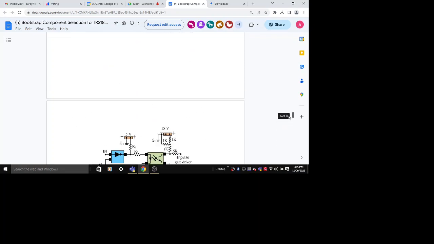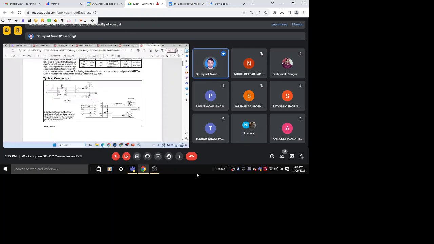Okay, then input pin S1 is the enable pin of this IC. In case of faults or interlocks, if you want to block or shut down the output of the inverter, then you can supply 5 volt to this pin. Otherwise this is SD bar.